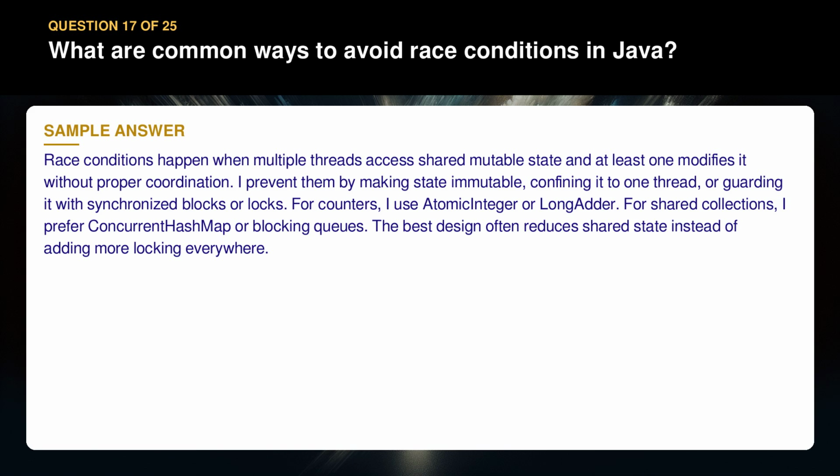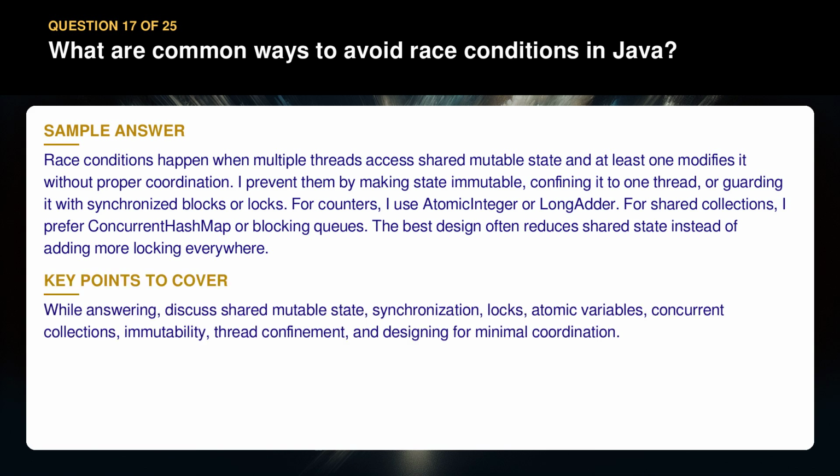For shared collections, I prefer ConcurrentHashMap or blocking queues. The best design often reduces shared state instead of adding more locking everywhere. While answering, discuss shared mutable state, synchronization, locks, atomic variables, concurrent collections, immutability, thread confinement, and designing for minimal coordination.